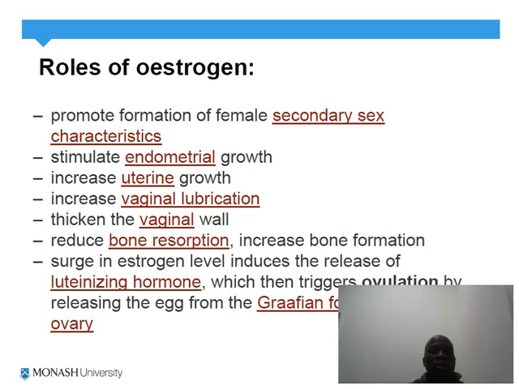It also stimulates endometrial growth. Endometrial, this is the tissue that lines the uterus. Yes, so it is responsible for that. Also increases uterine growth, and also increases vaginal lubrication. Vaginal lubrication is very important in terms of sexual intercourse, because that's an act that is designed to allow the release of sperms into the vagina and then through the cervix into the uterus.